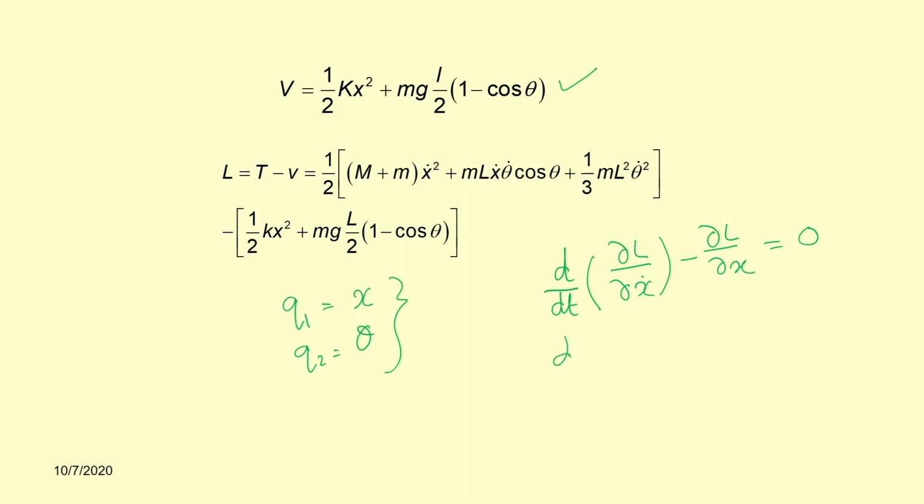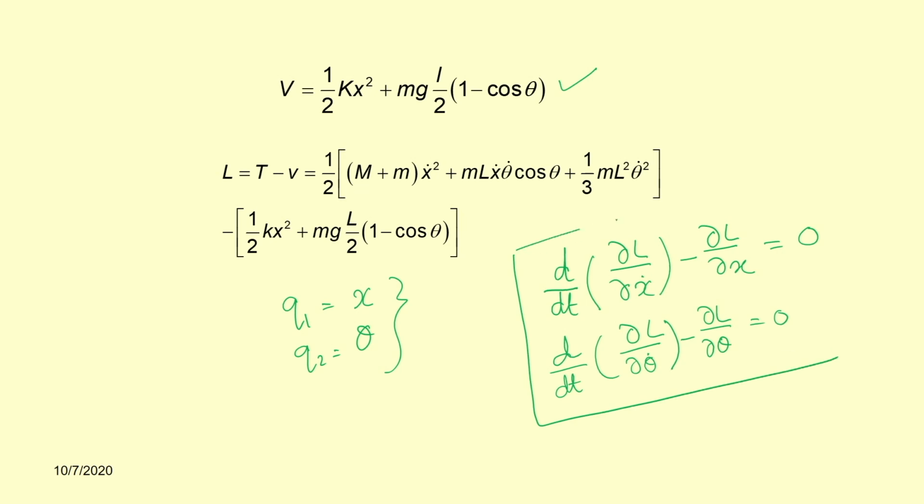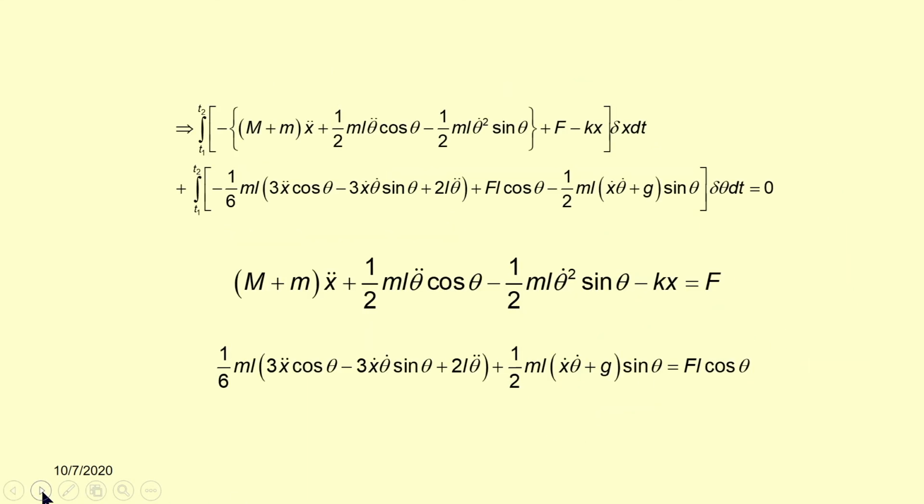Similarly, your second equation will be d by dt of del L by del theta dot minus del L by del theta equal to 0. By using these two formulas, you can derive the equation of motion. This way you can use this Lagrange principle to derive the equation of motion.